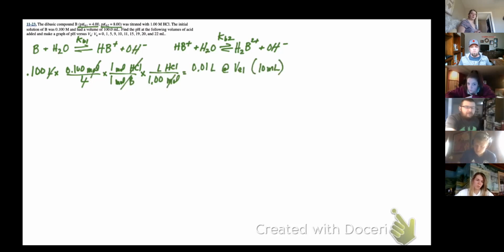Then I did exactly what you guys are doing here, where I solved for the volume at the first equivalence point. Stoichiometrically, as Corbin pointed out, I started out with the volume and the concentration of our base. Then we add in the mole ratio for our strong acid. Since we're solving for the first equivalence volume, it's just 1-to-1.